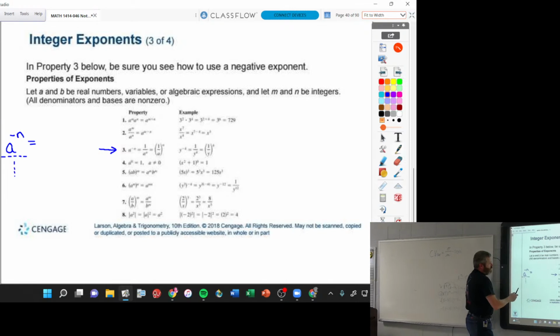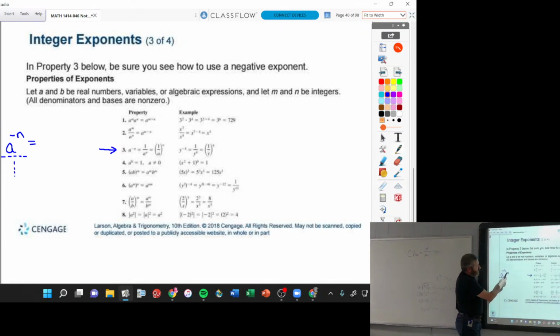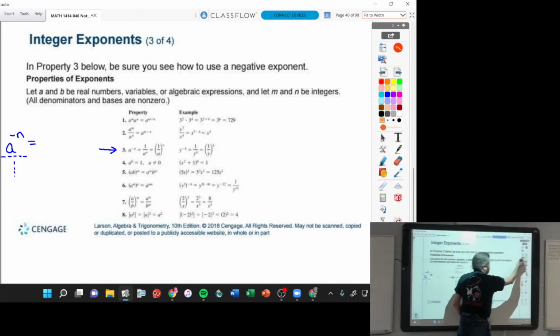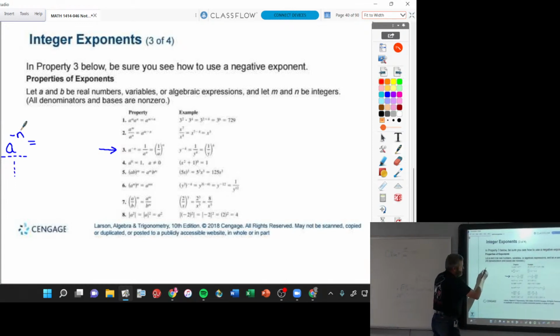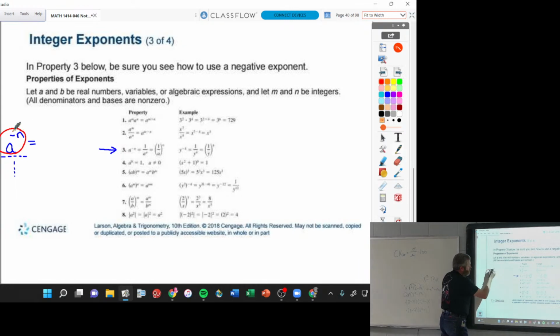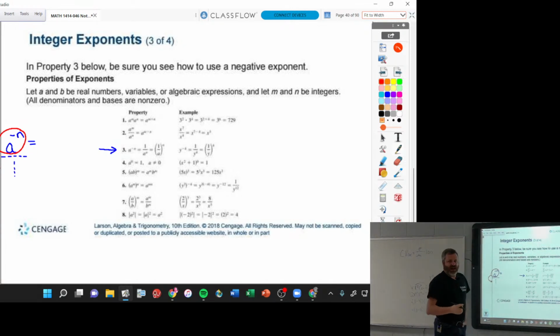To change that negative exponent into a positive exponent, I'm going to move the whole thing to the bottom of the fraction. But as soon as it passes that fraction bar, the negative n changes signs.